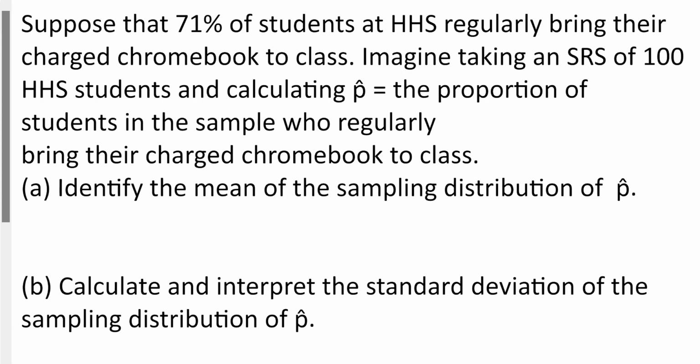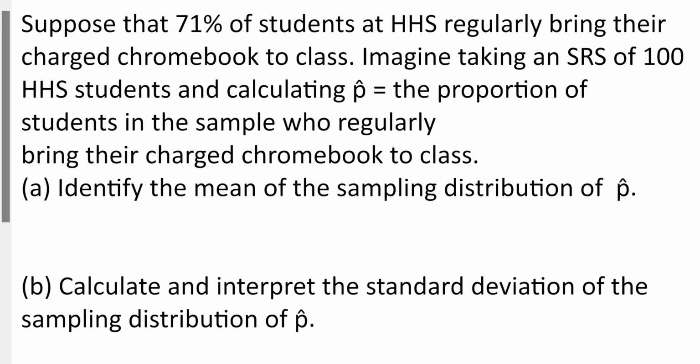So here's the first one. Suppose that 71% of students at Hamilton High School regularly bring their charged Chromebook to class. Imagine taking a simple random sample of 100 students and calculating the p-hat, the proportion of students in the sample who regularly bring their charged Chromebook to class. Let's say we did a sampling distribution and found all possible 100-student samples.